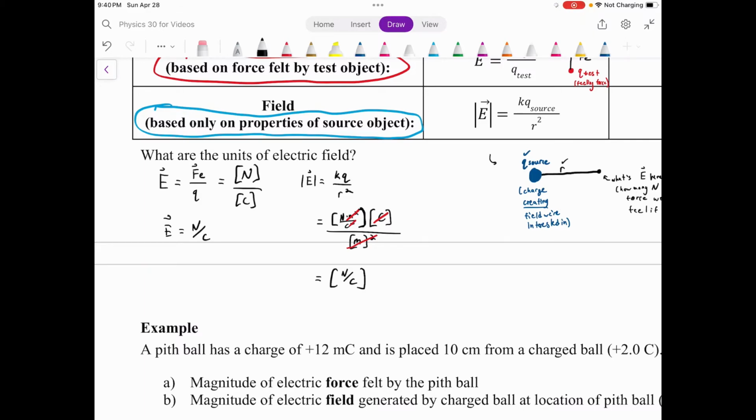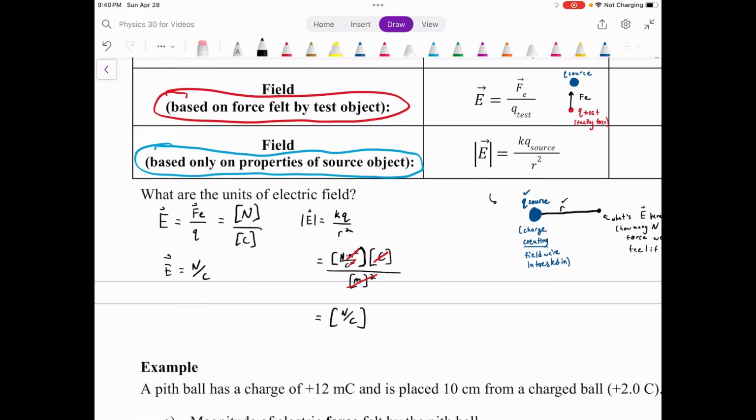Now that makes a ton of sense, right? Because it's just saying, yeah, if an object were placed here, it would feel an electric force. That electric force depends on how many coulombs of charge it has, but we can still generalize it to say this many newtons of electric force per coulomb of charge we were to place at that location.